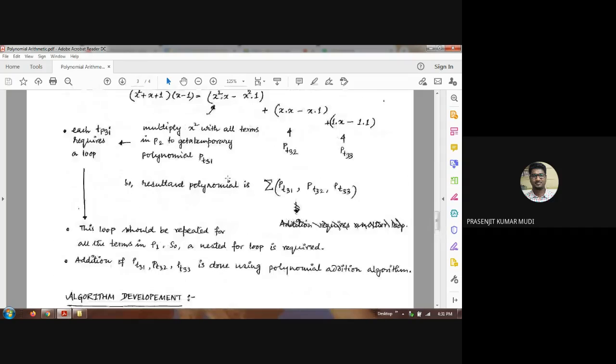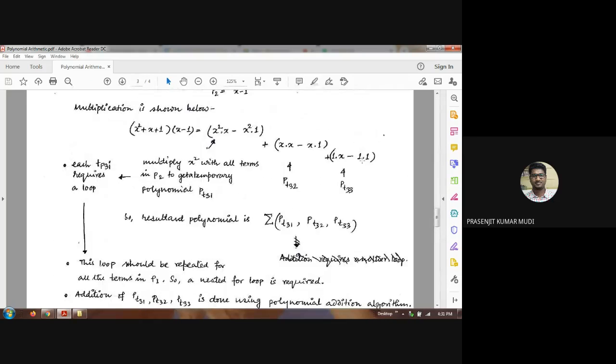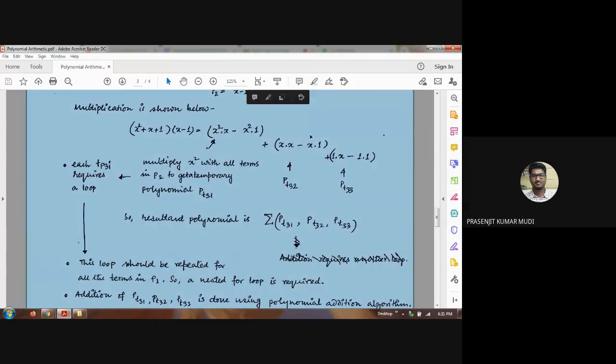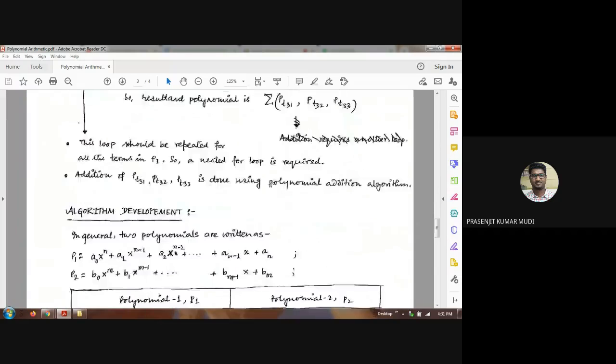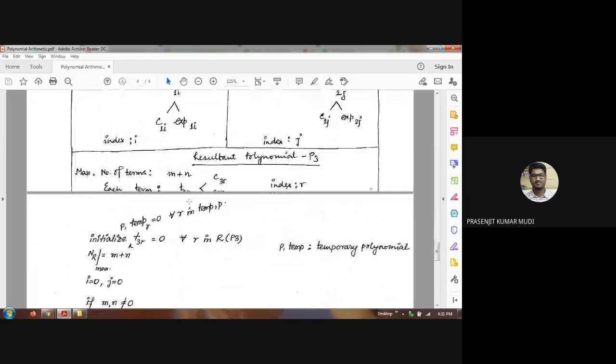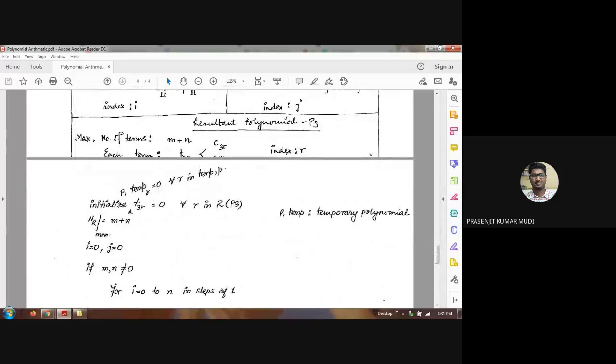So here you are constructing several temporary polynomials, which are nothing but terms of the final resultant polynomial. So the Rth such temporary polynomial is denoted by temp R. Initially you are resetting all the values, temp R equal to 0 for all R in temp.